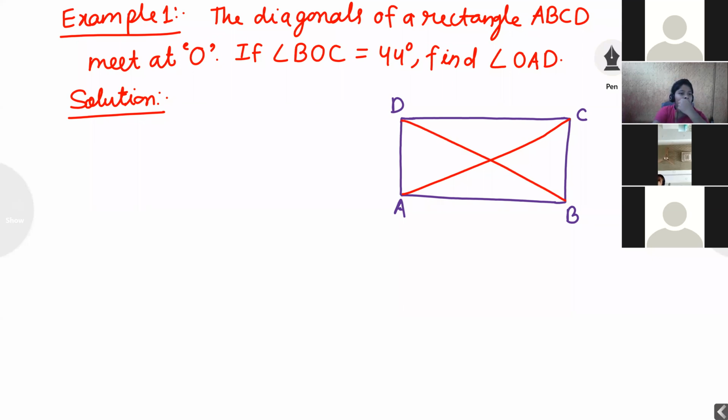Yes, this is point O. The diagonals of rectangle ABCD meet at point O. If angle BOC is equal to 44 degrees, he has given this angle as 44 degrees. Then it is asking to find angle OAD, this angle.